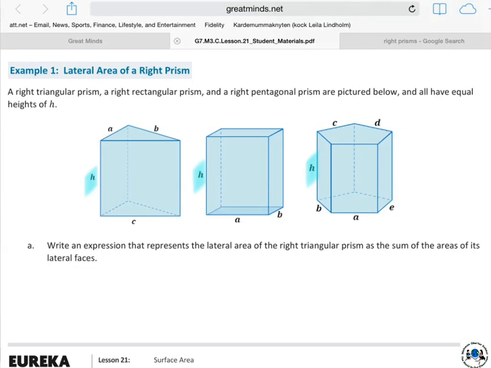Part A says, write an expression that represents the lateral area of the right triangular prism, we're just talking about the right triangular prism first, as the sum of the areas of its lateral faces.